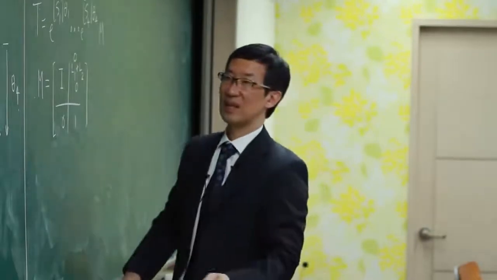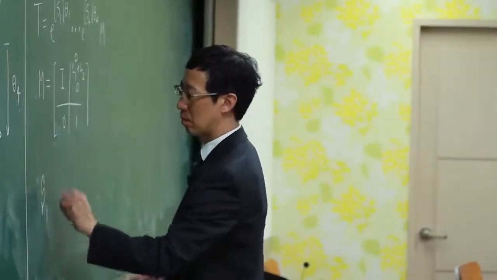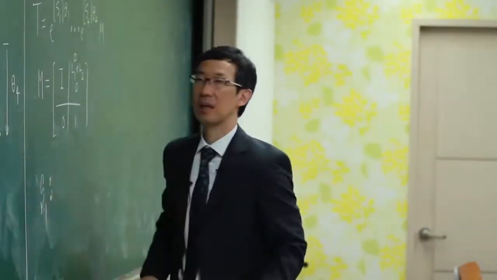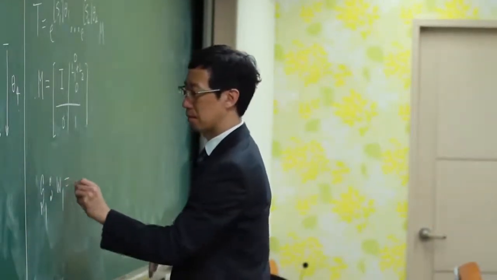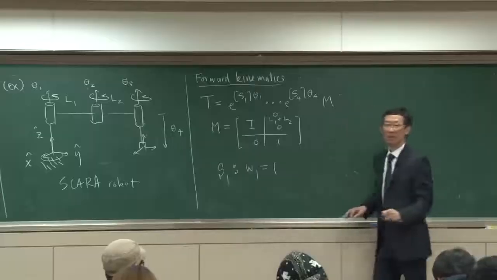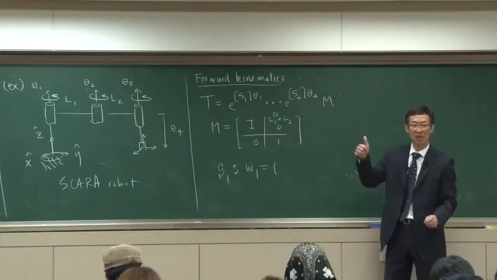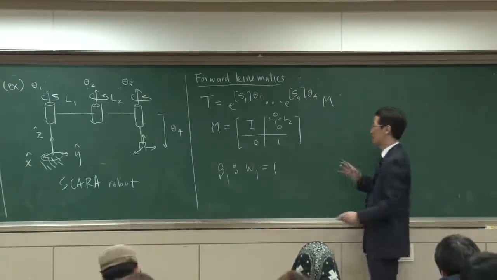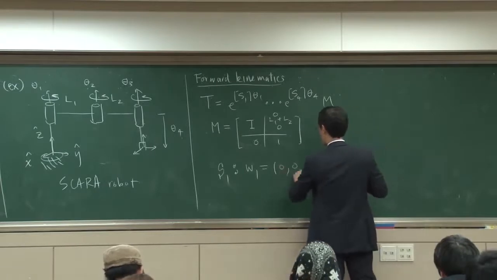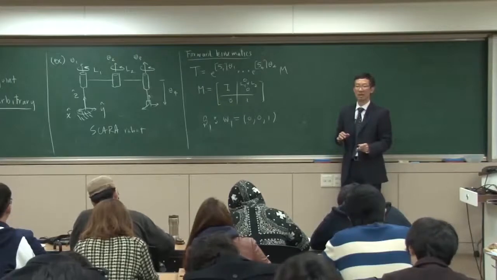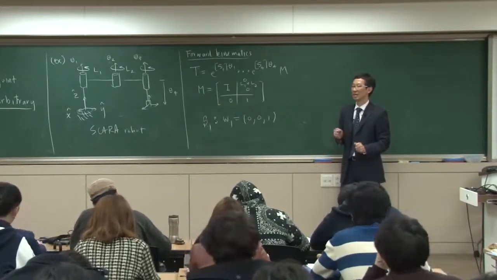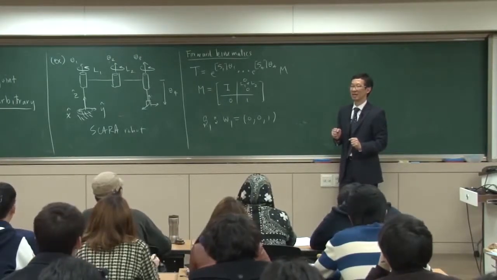Okay, let's find S1 now. What's omega 1? Omega 1 points in the z direction. It's a revolute joint, so it's 0, 0, 1. Okay, what's V1? V1? Anybody? How do I find V1?